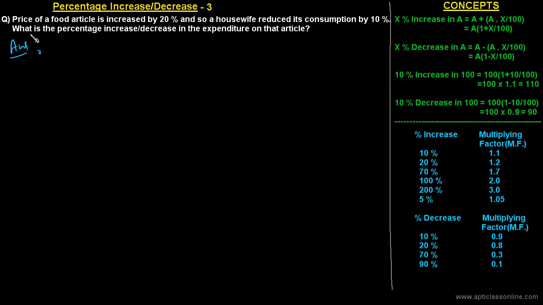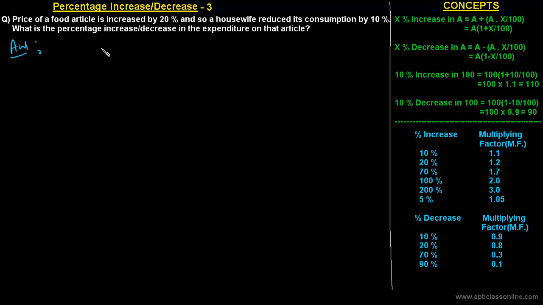First, read this question. Price of a food article is increased by 20%, and so a housewife reduced its consumption by 10%. Then what is the percentage increase or decrease in the expenditure on that article?